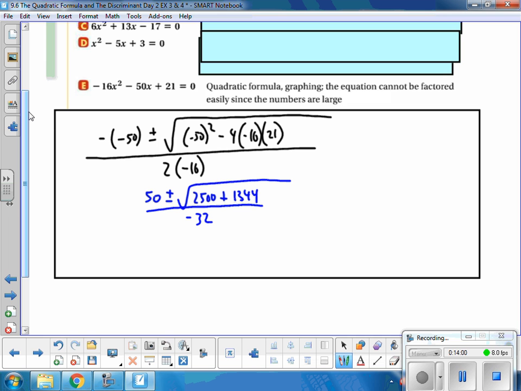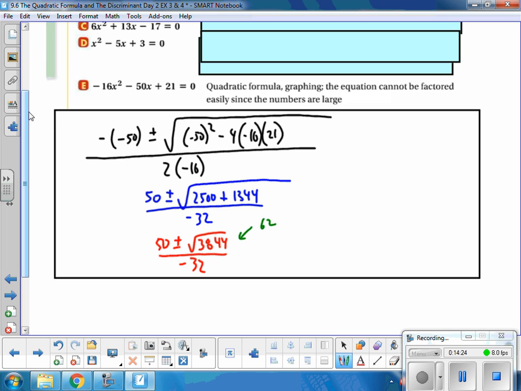When I simplify all that out, I end up with 50 plus or minus the square root of 3,844 over negative 32. And this is greater than 0, so I'm going to have 2 solutions. That square root actually equals 62. Who would have thought? 62 squared is 3,844. What a coincidence.